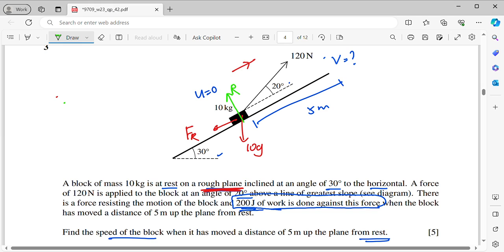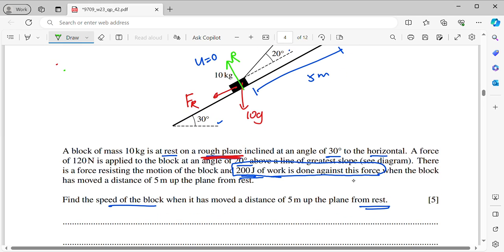Now to get the speed of the block, since you are given this sentence, work done against the force, that means this is the work done against the resistance. So again, to solve this question, I will use the work energy principle.